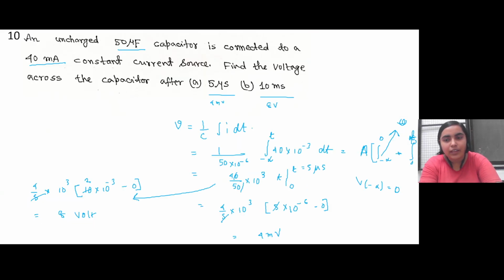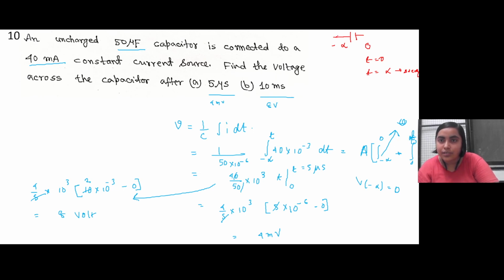The basic thing to remember here is how the capacitor and inductor behave at time t equal to 0 and at t equal to infinity, that is the steady state. Also note that if it is written that the switch was initially closed and the capacitor was getting charged, that means from minus infinity to time 0, the circuit has reached the steady state.